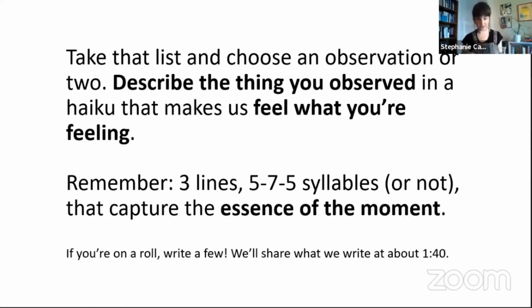And how I want you to do this is start with your list and choose one or maybe two of the things that you've observed. And I want you to describe the thing in a haiku that makes us feel what you're feeling or think what you're thinking. So whatever kind of came up for you when we were doing that little meditation and I said, what are you feeling or what are you thinking?